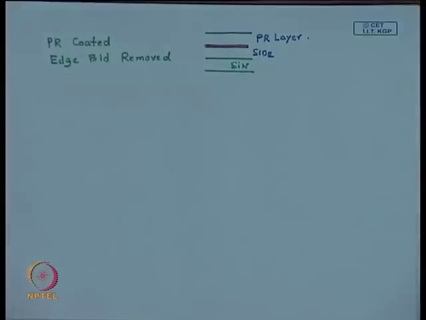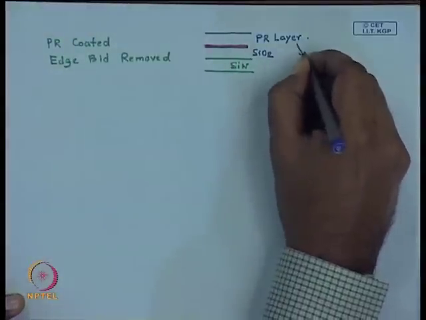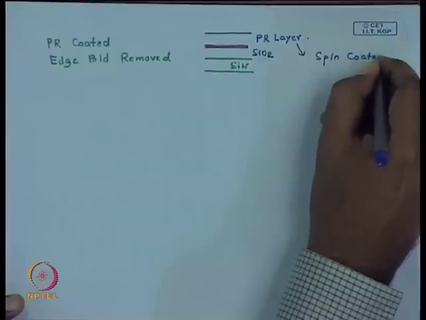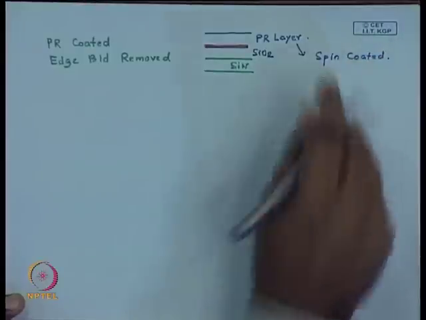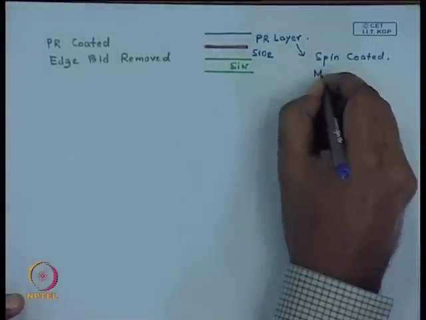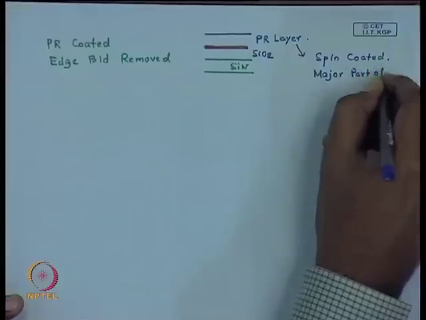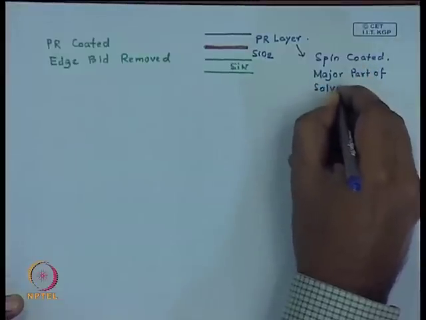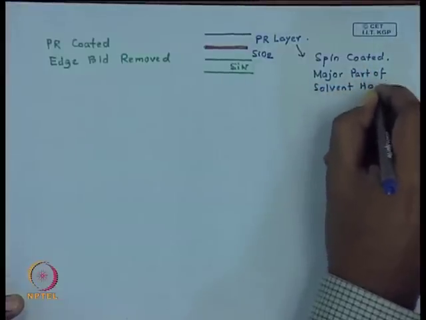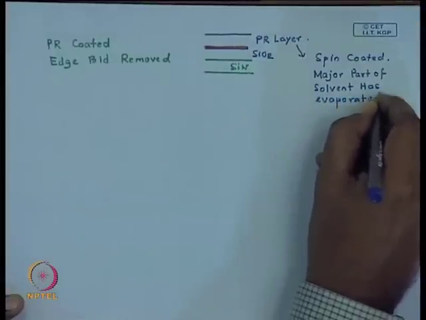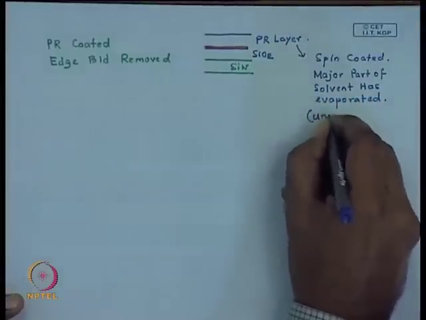This photoresist layer has been spin coated. At the later stage of spin coating, the major part of the solvent has evaporated, and you have a pretty uniform film.